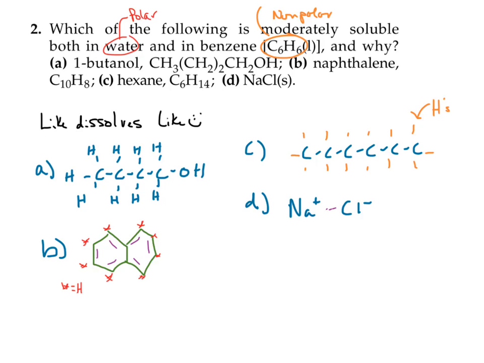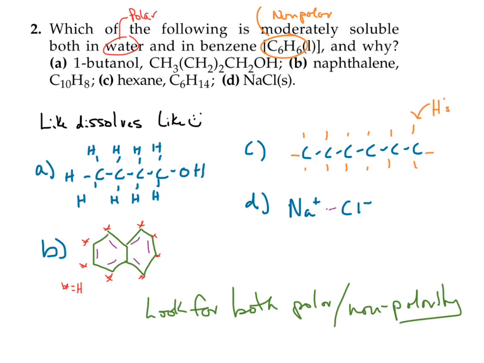So this is an example, and I think I mentioned this in lecture, I still have it up on the board there, where you need to look for both polar and nonpolar character. Look for both polarity and nonpolarity.